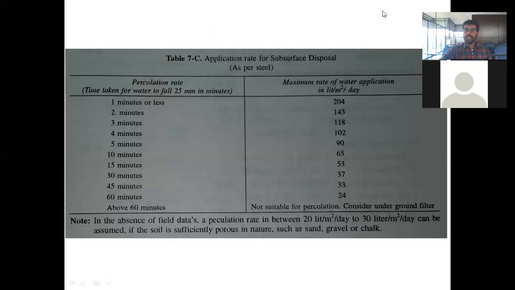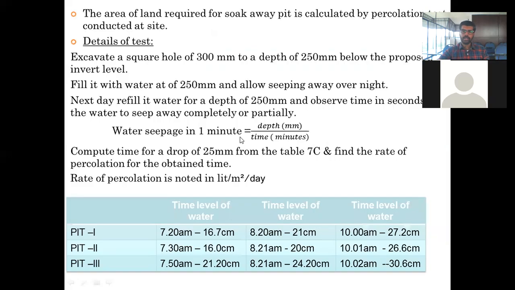So if you didn't get the percolation rate, you can assume between 20 and 30 liter per meter square per day.